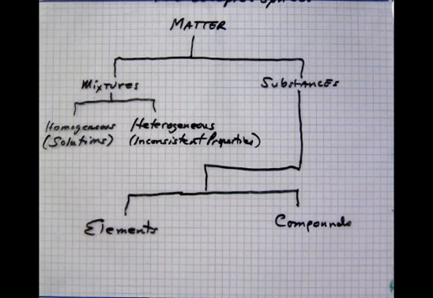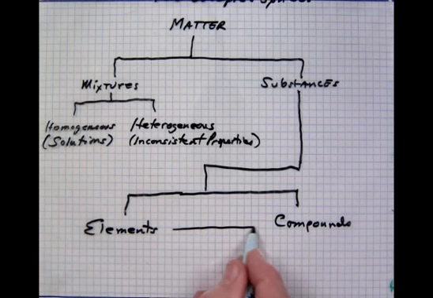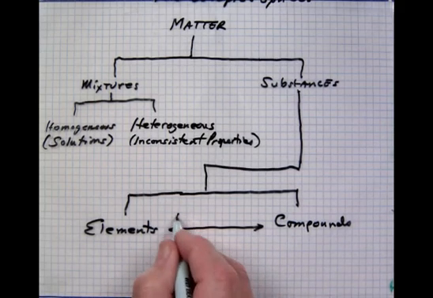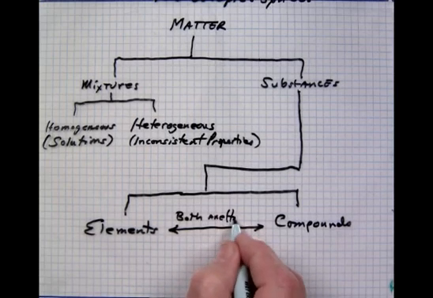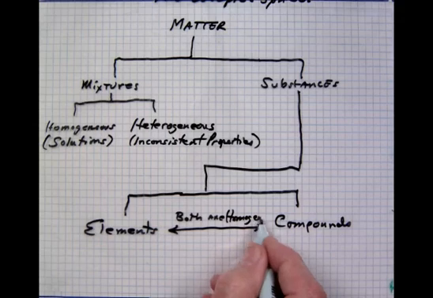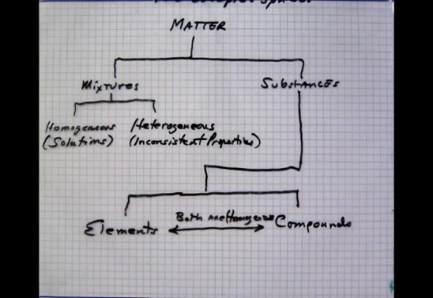Elements and compounds collectively are homogeneous in nature. If you have a single compound, or a whole bunch of molecules of a given structure, you have a homogeneous system. So both are homogeneous.